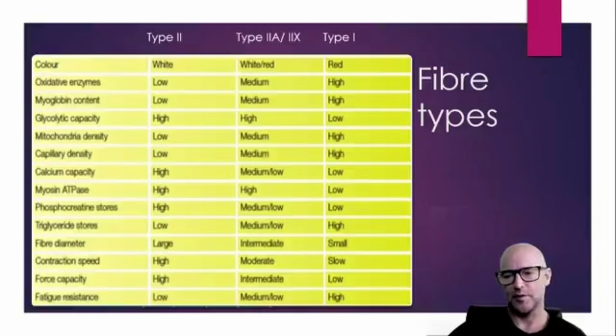A glycolytic capacity, the ability to undertake glycogenolysis. Obviously, if you follow that through on the chart, the logic there is clear as well. Same deal with mitochondrial density, very, very high in the oxidative fibers, medium in the middle fibers, low in the faster, more powerful fibers. Why? Mitochondria are the oxidative organelle, so that makes sense.